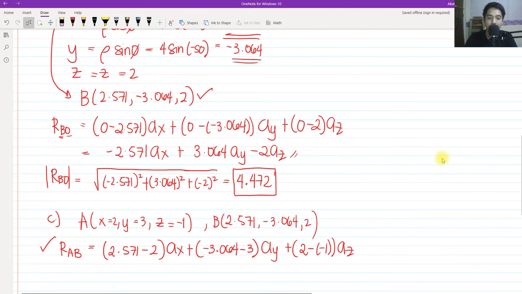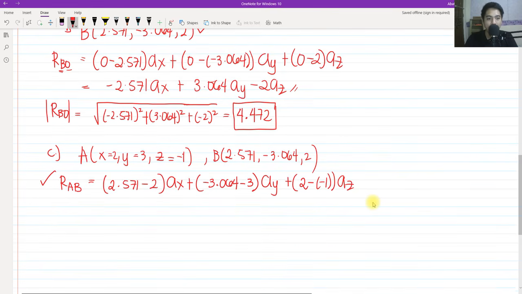So terminal point minus the initial point. In this case, we have AB, so we have 2 minus negative 1. Be careful with the sign and the direction from the initial point to the final point.